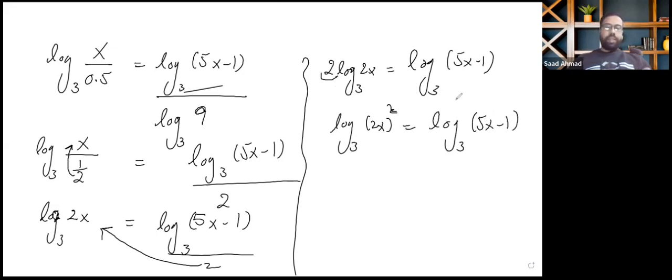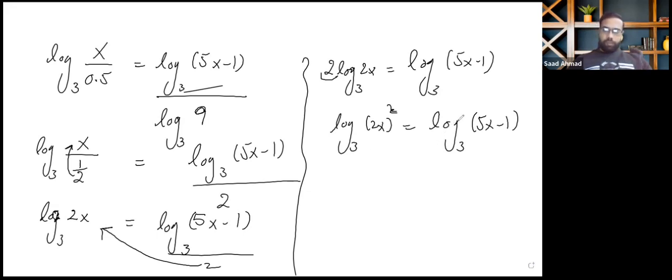Okay, so now there is one more thing. As I told you, the log is the inverse of the powers. Like if we want to cancel out a square, we do the square root.